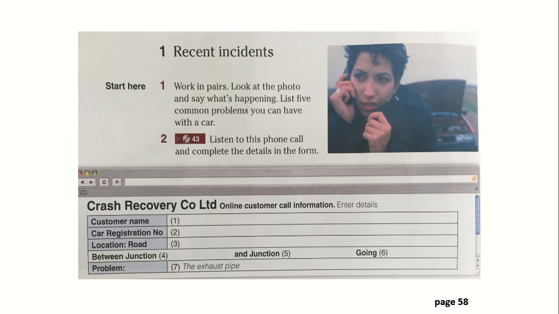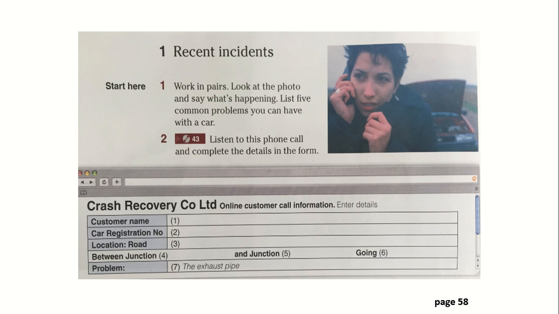The car is Y449MNE. And where are you, Ms. Zubaid? I'm on the M13 between junctions 15 and 16, going south. Right. And what's the problem? Well, the exhaust pipe has fallen off. Okay. We'll be there in 30 minutes. Stay with your car, please. All right. Bye.